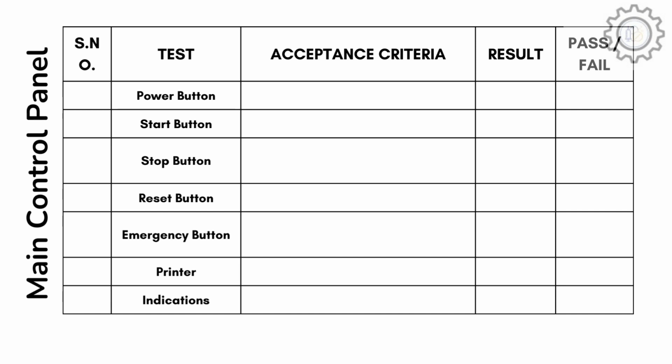For the printer button, its acceptance criteria can be printer should print all the production parameters. Similarly, for indications, its acceptance criteria can be all indications must be activated with their relevant functions activated. Like before, actual result is compared with the acceptance criteria and is considered pass or fail depending upon the result.